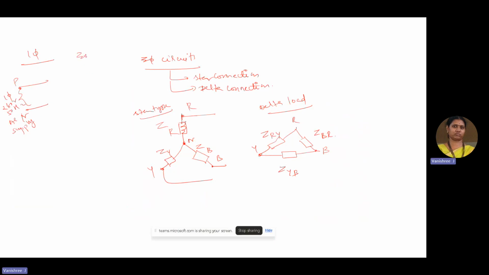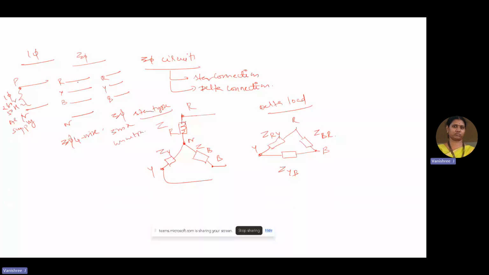In case of three phase, we will be having three such phase wires where R, Y, B are those three phase wires given different color codings to differentiate one phase from the other, and we have one neutral wire. If we have this type of connection, we say it is a three phase four wire connection. If we have only the three phase wires, then we say it is a three phase three wire connection.